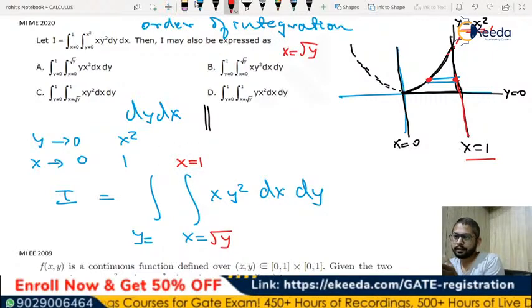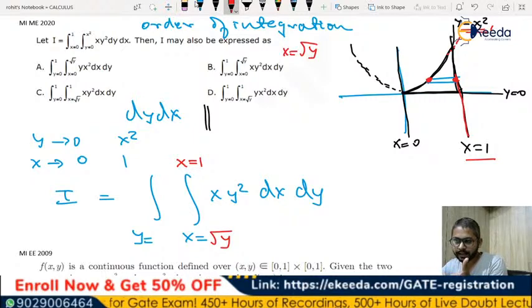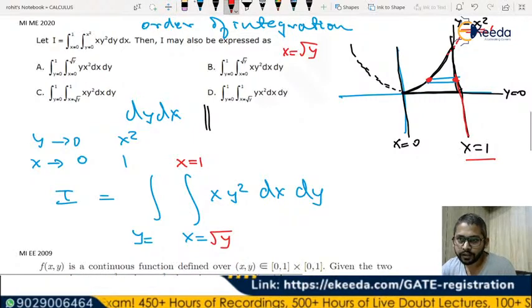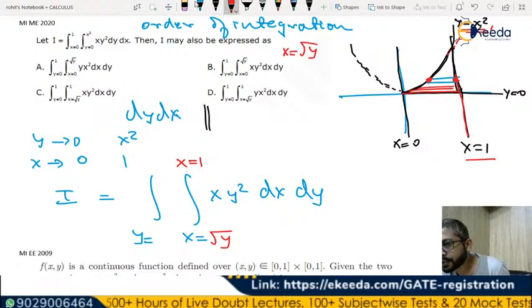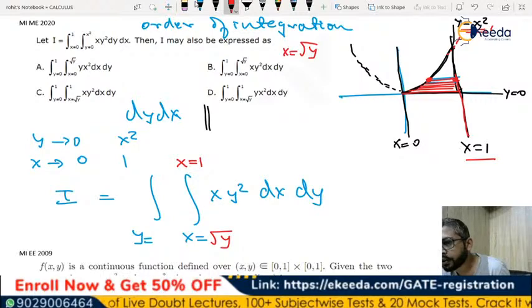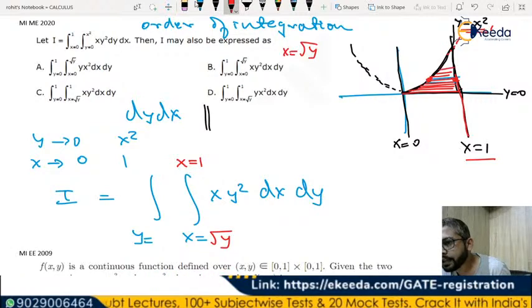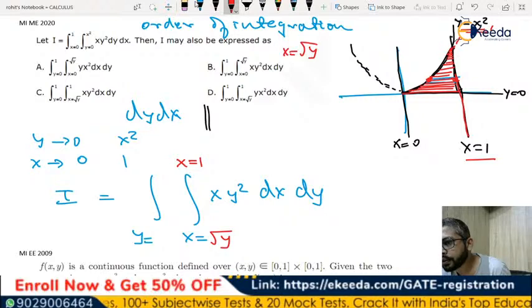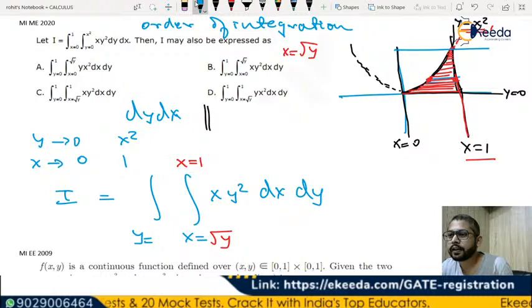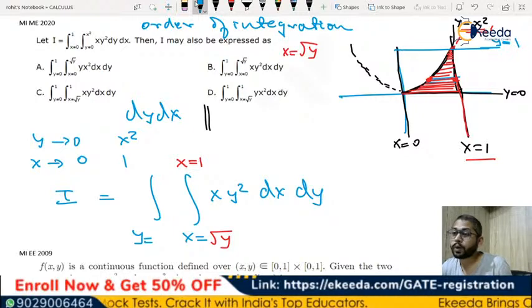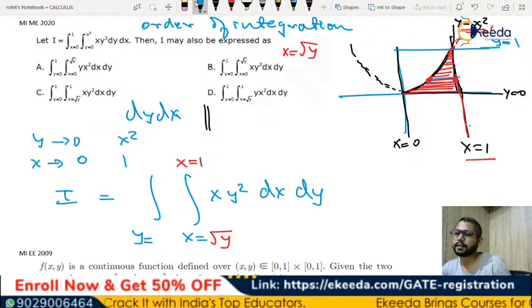And this horizontal element is defined in what region? So this element is defined in the region of y equal to 0. This element will start from here, these all are horizontal elements, and this will keep on going up till this point. What is this point? This point is y equal to 1. Why? Because x is equal to 1 and y, this line intersects.